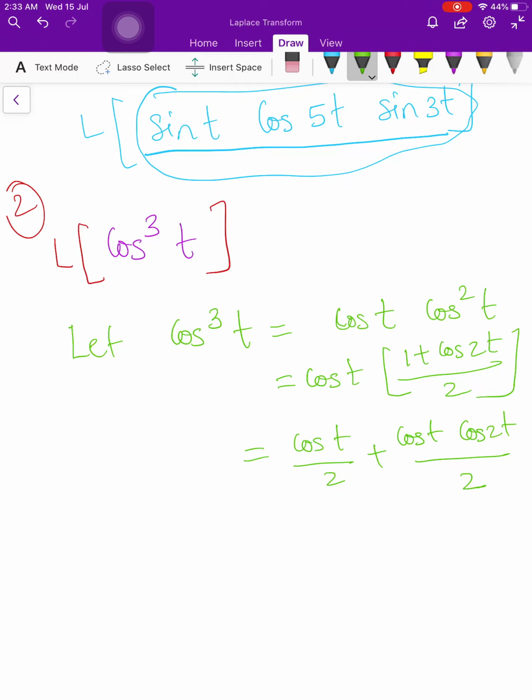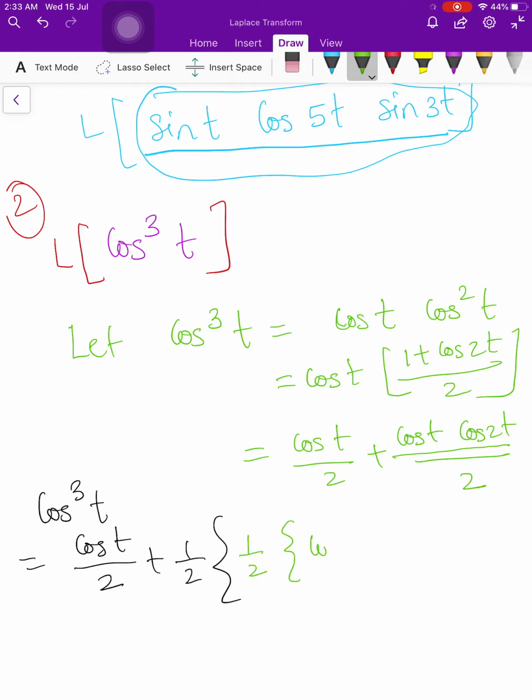So this cos cube t will become cos t by 2, and again you can use the trigonometric formula here, so 1 upon 2 is as it is, and the trigonometric formula for these two functions gives 1 upon 2 inside the bracket cos 3t plus cos t. And simply you can simplify this.